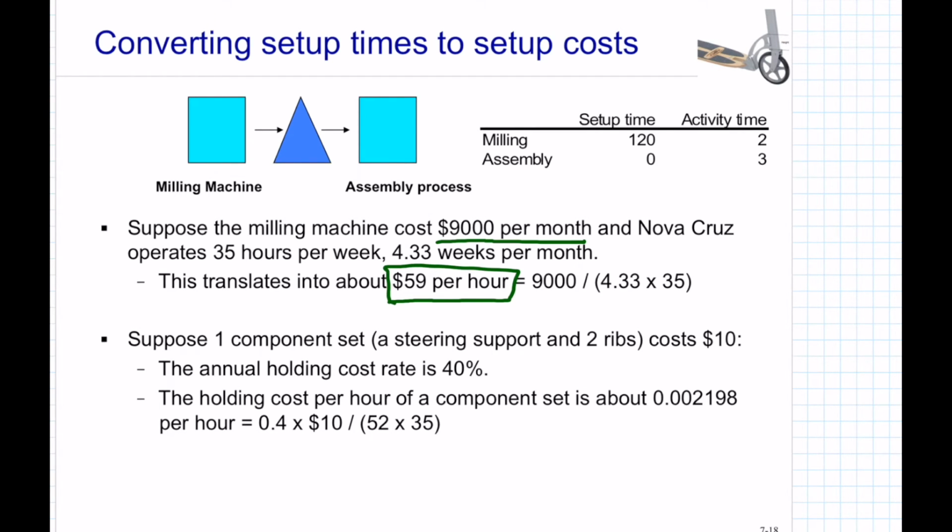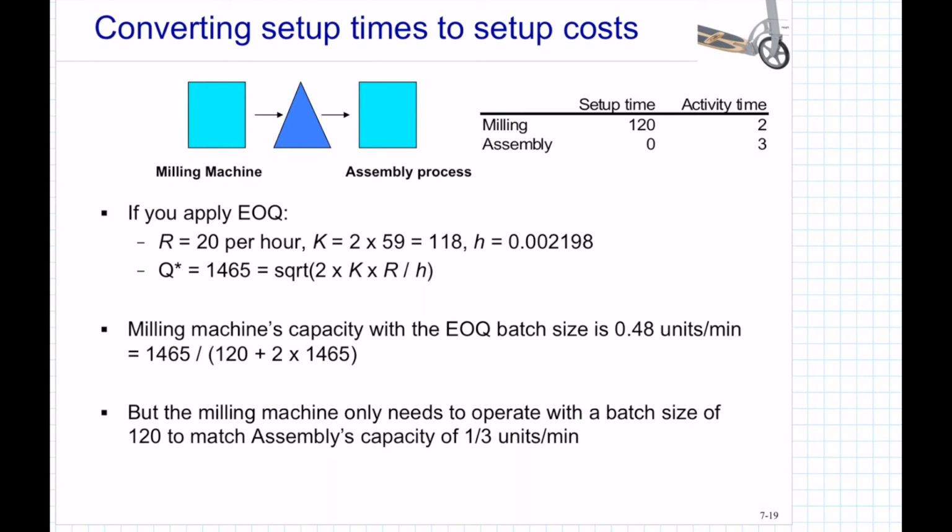So obviously the tendency will be to reduce the number of setups and have as many units produced with the same setup as possible. So here the calculations are done for one component set which includes a steering support and two ribs. When we calculate economic order quantity, we get 1465 as a quantity or batch size that will reduce holding and setup costs.